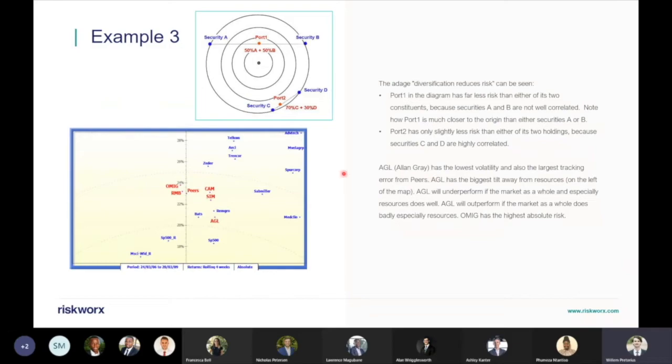So as with securities, the distance of the portfolio from the origin gives the portfolio's volatility, and the added diversification that reduces risk can be seen from this. So port 1 in the diagram has far less risk than either of its two constituents because security A and B are not well correlated.